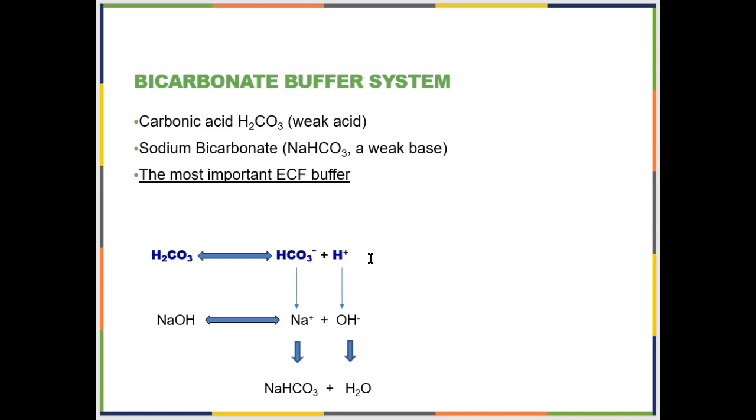So first up is the bicarbonate buffer system. You want to know what your weak acid and what your weak base is. So it's carbonic acid and sodium bicarbonate. Don't worry about recognizing the chemical structures, just know the name carbonic acid for your weak acid, sodium bicarbonate for your weak base, and then know that this is your most important extracellular fluid buffer.